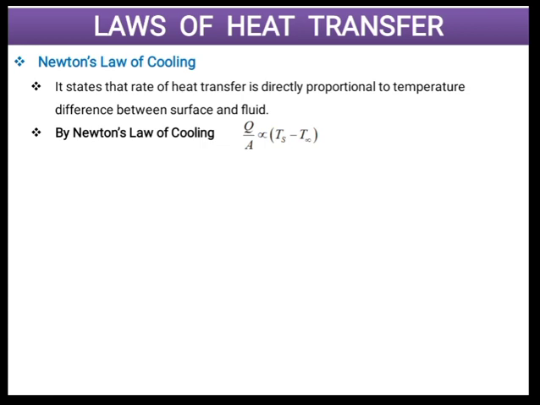Rather, it is also not necessary. So we simply indicate the temperature of the fluid with the help of this symbol T infinity, because the extent of the fluid cannot be exactly known.